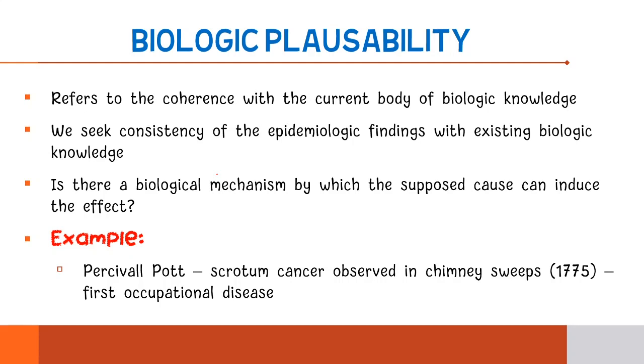Percival Pott observed that scrotum cancer is always present or naagyud siya or magka-scrotum cancer gyud tong mga chimney sweeps. When we say chimney sweeps, these are persons who clear ash and soot from chimneys. Now, diba murag mawirduhan mangyud ka na scrotum niya, nagalimpyo lang man siya og chimney. Unsa ang relationship? Is there a biologic explanation to this one?